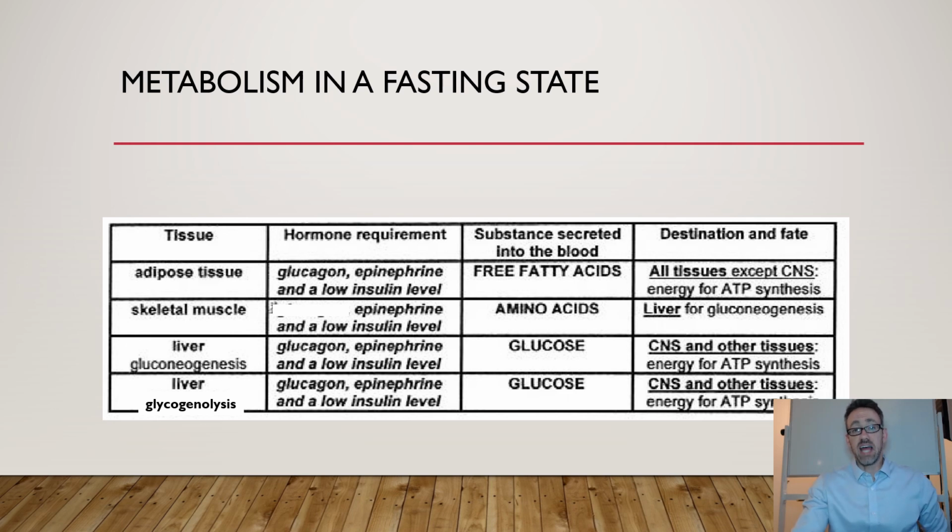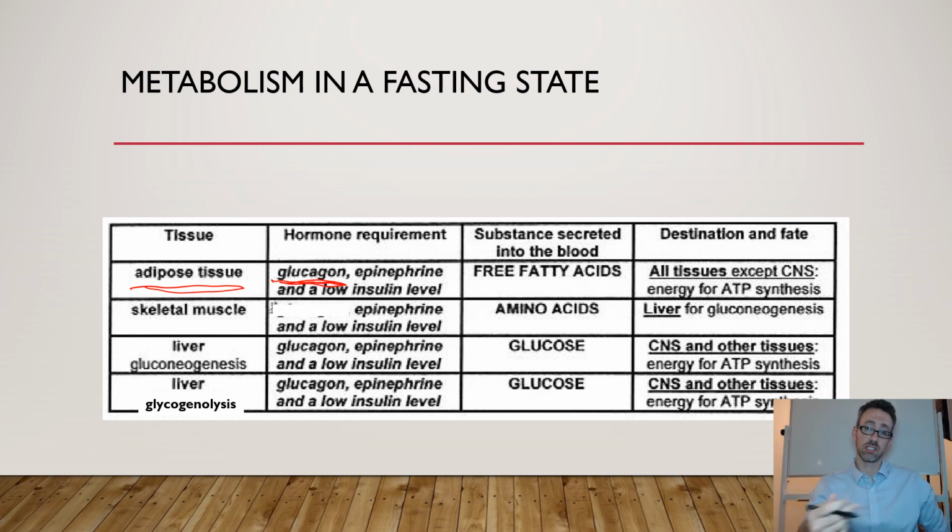So it can be very, very dangerous. The body has adapted to being able to survive between meals as well, based on the storage that we just gained from the fed state. For example, take the adipose tissue over here, that's our fat, where we've stored a lot of energy in the form of triglycerides. When glucose levels start to go down, insulin levels go down, and glucagon, which is really the counter-regulatory to insulin, rises.